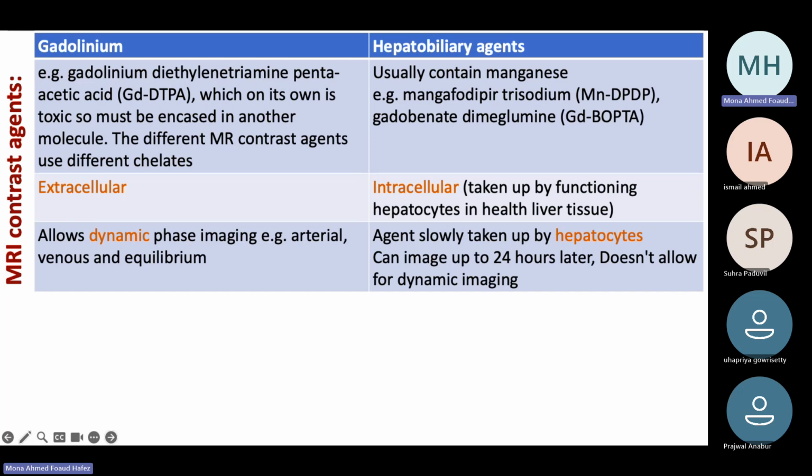It must be encased by another molecule, so as not to cause harm to the body, the most common harm being nephrogenic systemic fibrosis. When the patient has free gadolinium, it can subject the kidney to nephrogenic systemic fibrosis.